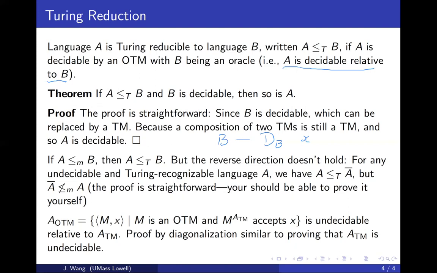Then because A is reducible to B, we have T using this. T is a Turing machine. D_B is a Turing machine. So this really means it's the composition of these two Turing machines that is also a Turing machine. And this Turing machine, no matter what input you are given, always halts.